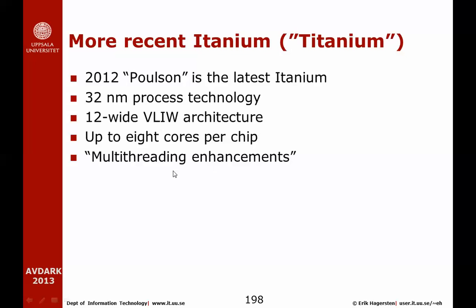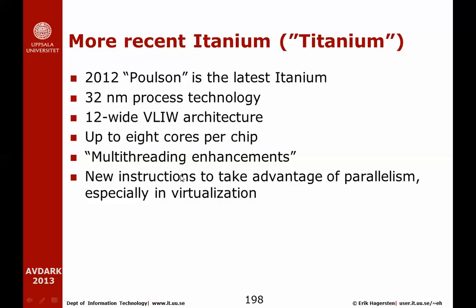They also support multi-threading. So that means that this 12-byte VLIW may execute instructions coming from more than one thread to find enough instruction level parallelism. They have introduced even newer instructions to give the compiler people more freedom to explore parallelism.